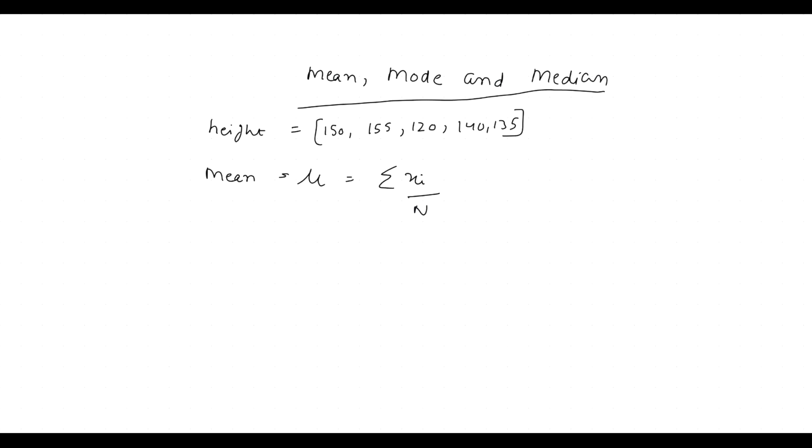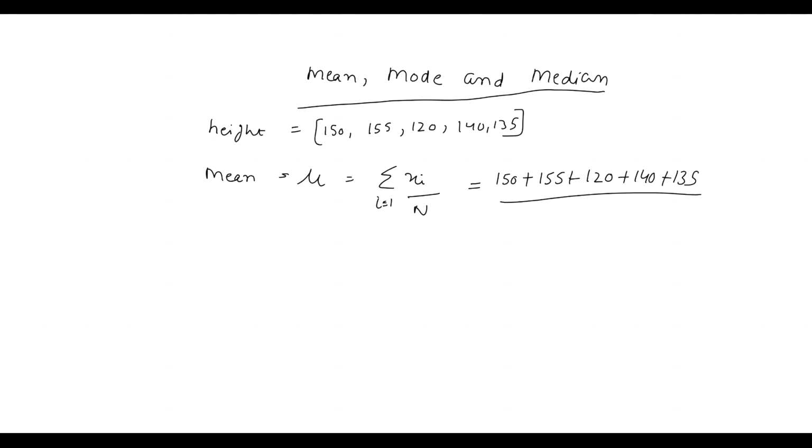So to calculate the average height of the students, you will do 150 plus 155 plus 120 plus 140 plus 135, and how many numbers do you have in total? 5.